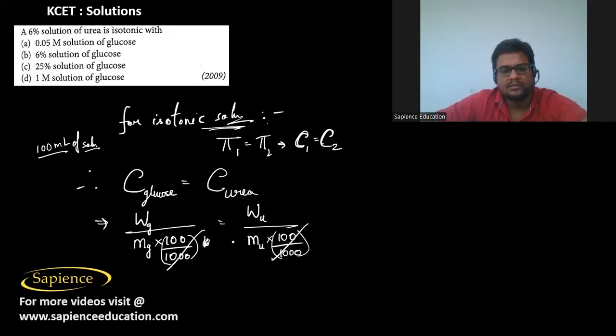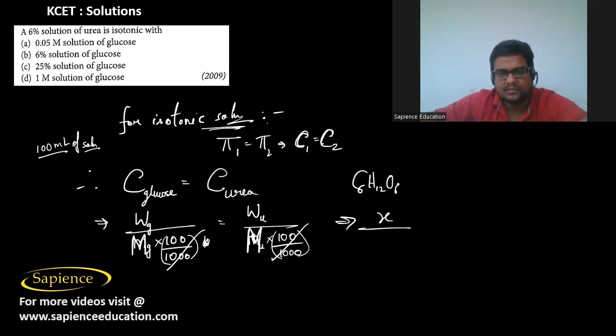So 100 by 1000 will cancel out. Let's say we take x gram of glucose, and x gram divided by the molar mass of glucose. Glucose is C6H12O6.